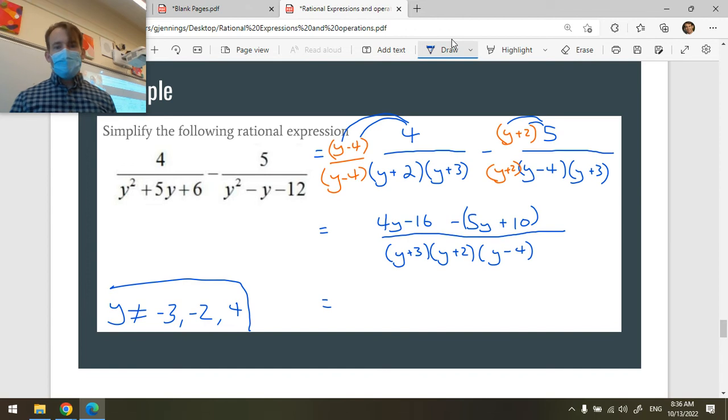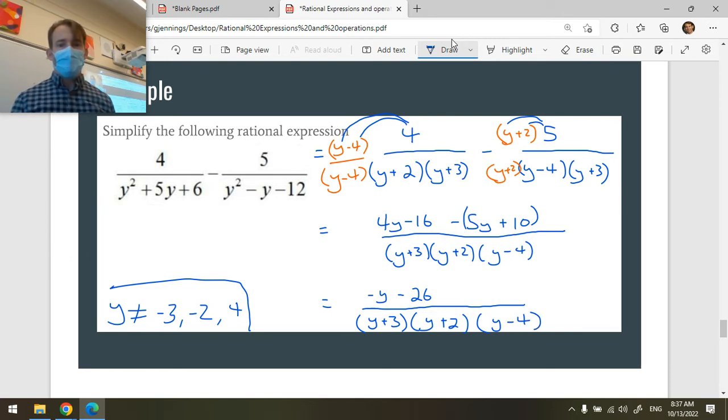So 4y minus 5y will give us negative y, and negative 16 minus 10 is negative 26, all over that funky denominator: y plus 3 times y plus 2 times y minus 4. And I could factor the top.